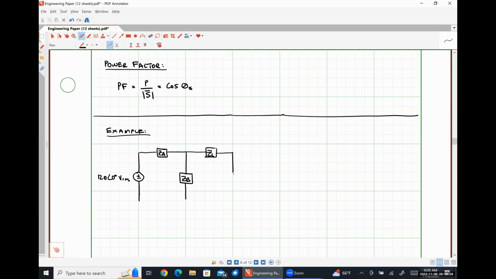And let's put a current source on this side. Let's make this 5 angle 45 degrees amps RMS. Let's define our impedance ZA to be 10 plus j8 ohms.